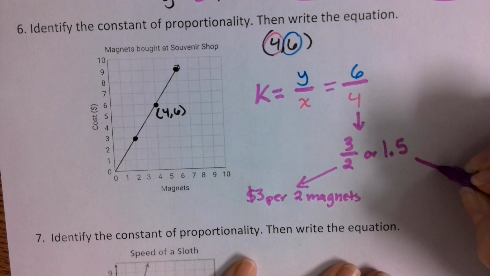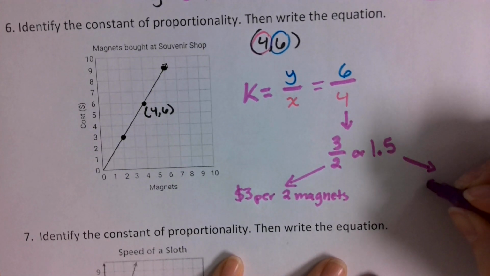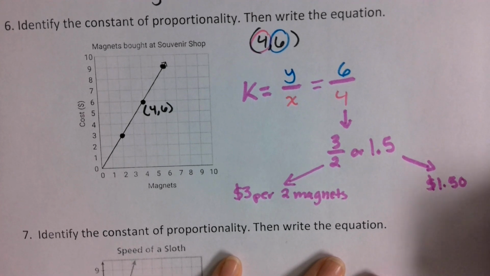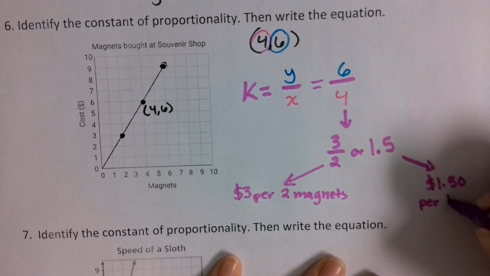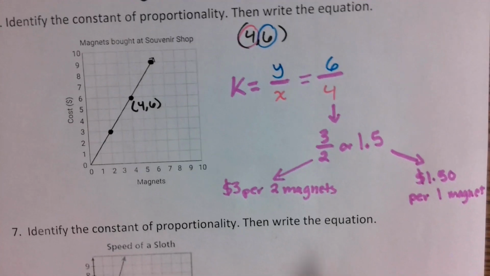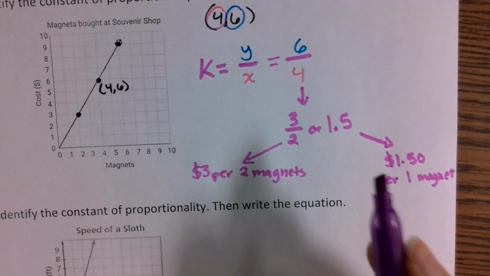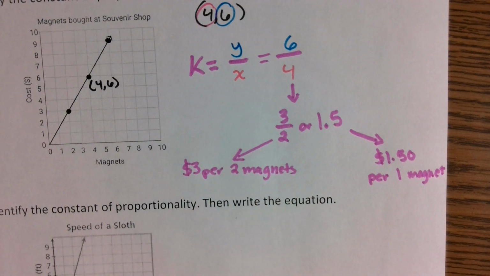If I write it as 1.5, then that means I'm saying it's $1.50, don't forget to add that 0 at the end, per 1 magnet. Okay, so depending on how you have it set up will determine how you have to relate it. $3 for 2 magnets or $1.50 for 1 magnet.